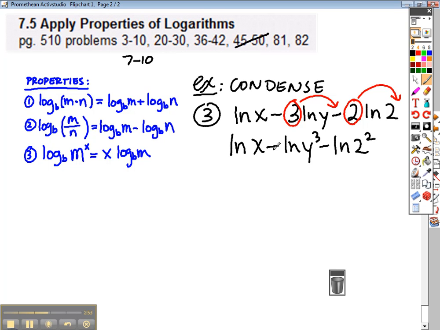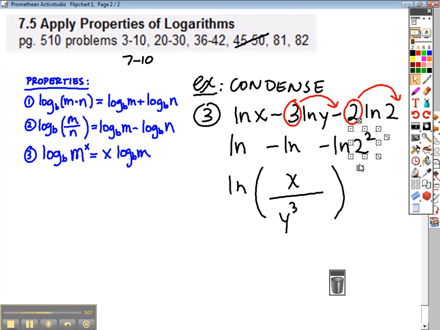Okay, so I see minuses, so that tells me there's going to be a fraction. You just have to decide what goes on the top and bottom. It turns out that since x is a plus, it's going to go on top. And since y cubed is a minus, it's going to go on the bottom. And since 2 squared is a minus, it's going to go on the bottom. So 2 squared, again, if you want to simplify, would actually be equal to 4.